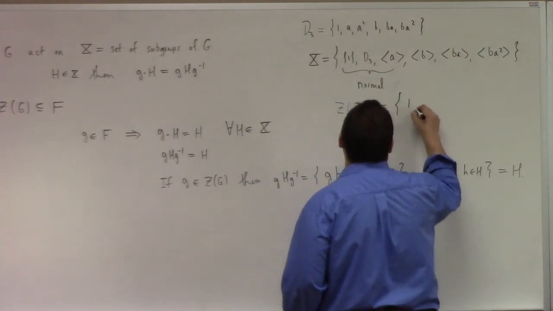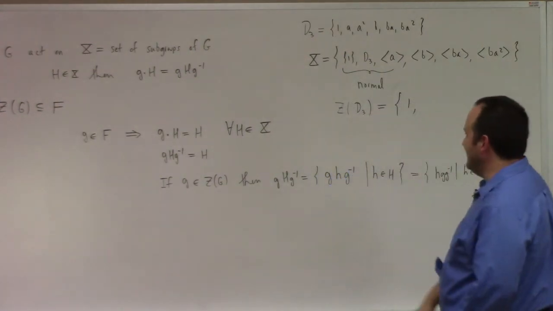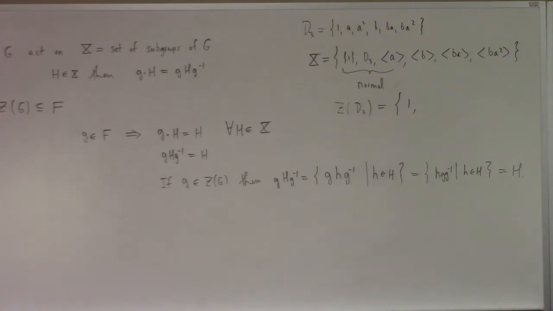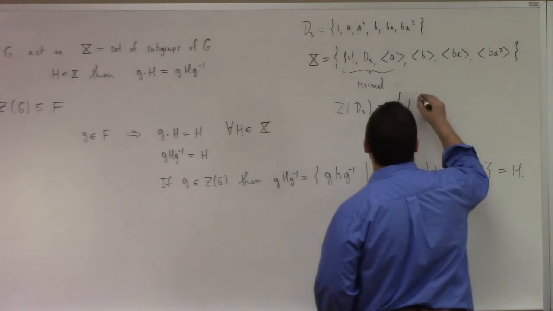I'll get you started. 1. Ah, you already got that. But AB is not equal to BA, so A is not in there. And A squared B is equal to AB. A and A squared do not commute with B. And I don't believe that the B's, I mean, that's it. So the center is just this, right?